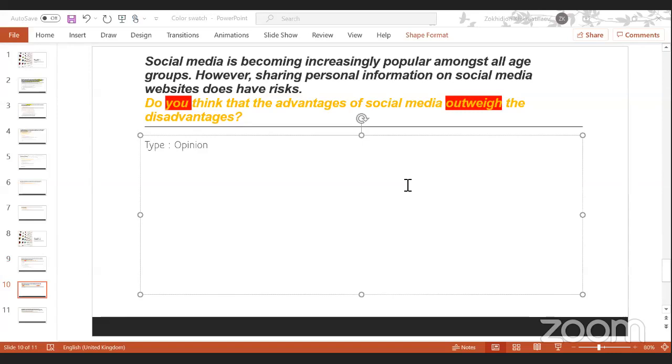Cons and pros and your opinion. You can do both. You can write only about your opinion if you think that's correct, or you can do both by saying why this one is good and why the other one is not good. So it will be this one.